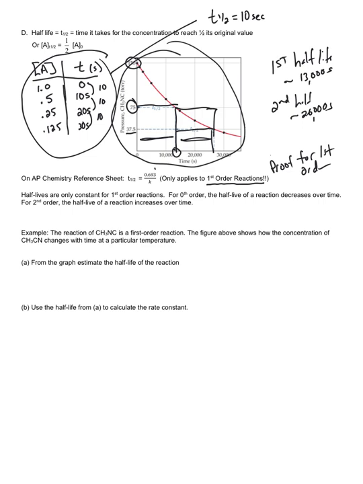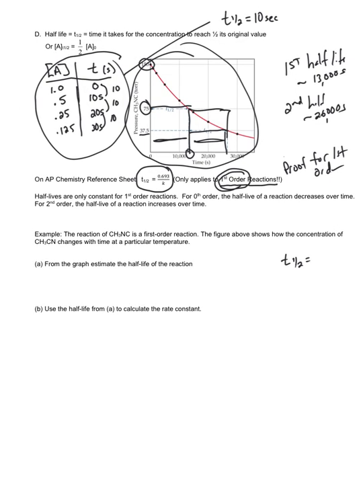On your green sheet, the third equation in the kinetic section is this one, for the half-life of a first order reaction, and again, this equation only works for first order because their half-lives are consistently spaced. In this example problem, each half-life is 13,000 seconds.